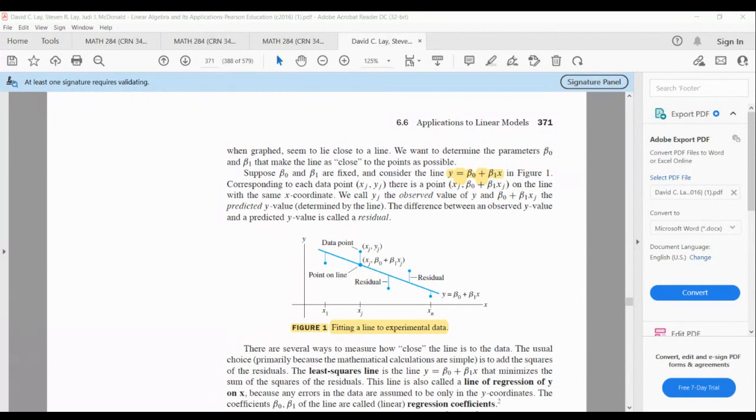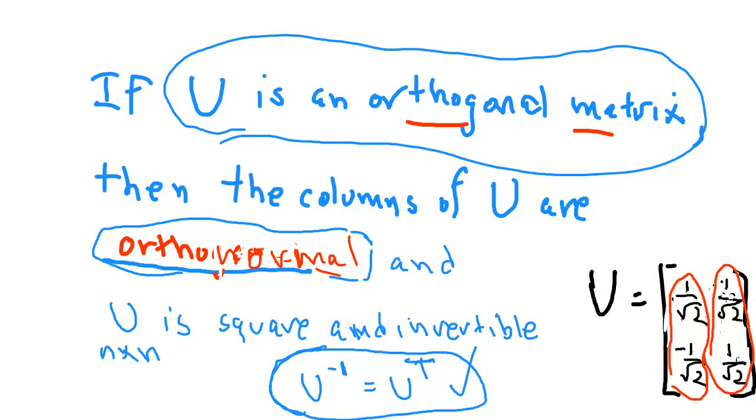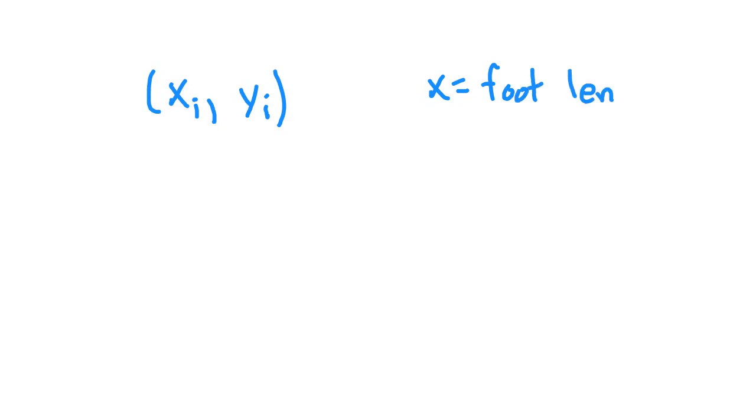So what I'm trying to say, let me go to the whiteboard. Yeah, that's right, Mikhail. You can collect data on individuals. x is the foot length, and y is the height.